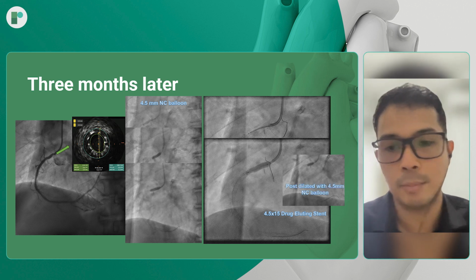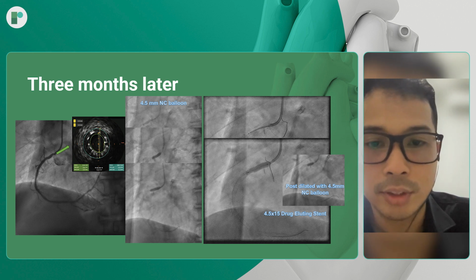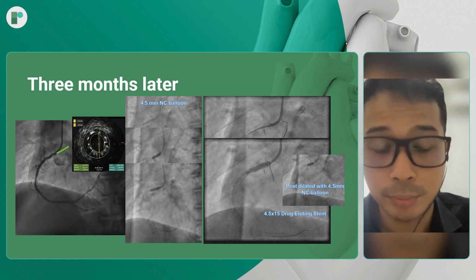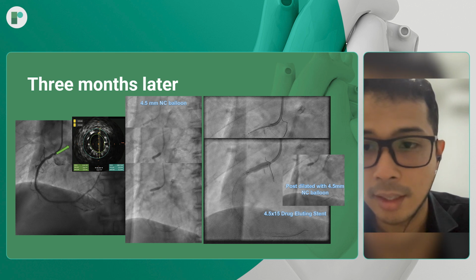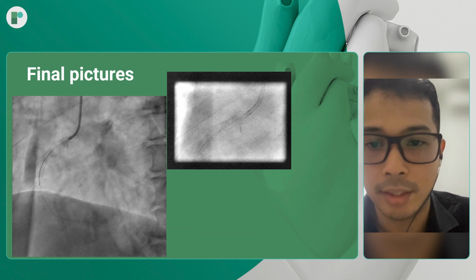And we performed ostial flaring with a 4.5 NC balloon to ensure that the ostial part of the new stent is sufficient to make the vessel bigger.